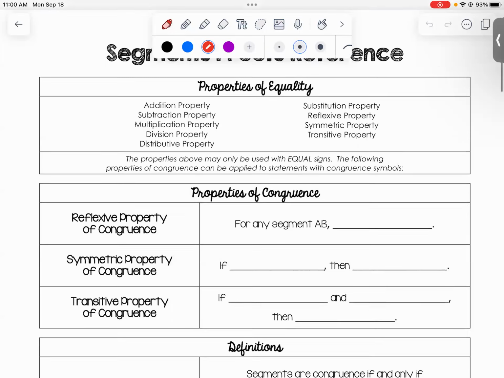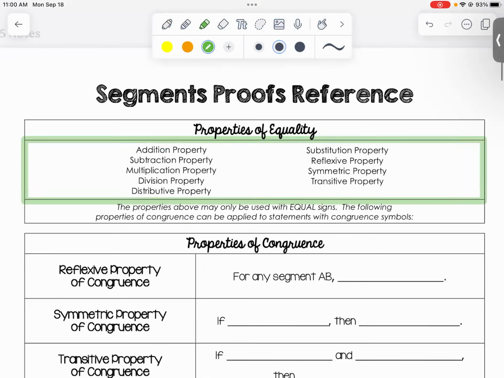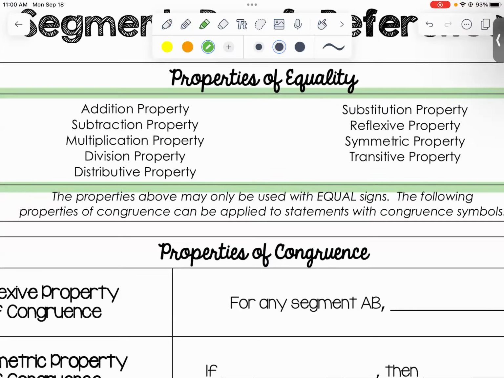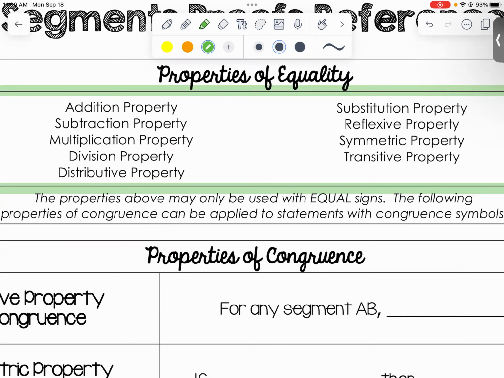all the things that we just talked about. So all of these properties of equality, they can be used anytime there's an equal sign. If there's an equal sign, we can use these properties. So even if we're talking about segments, as long as there's an equal sign, we can use these properties. They still exist.